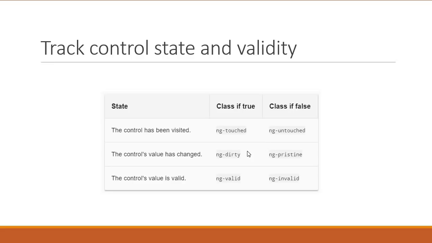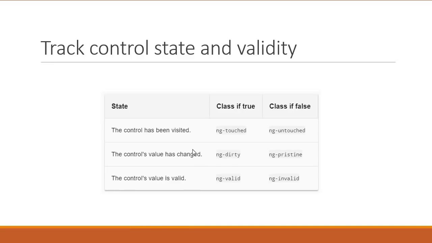If you do visit the form control, either by clicking or tabbing and then navigating away from the form control, Angular applies a class of ng_touched. The key point here is that the class will change only on blur. You have to navigate away from the form control. So if the form control has been visited, ng_touched class is applied. If not, ng_untouched class is going to be applied.